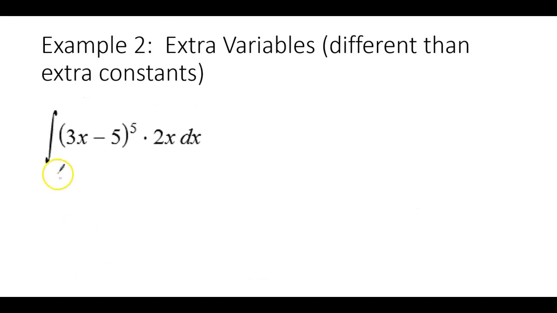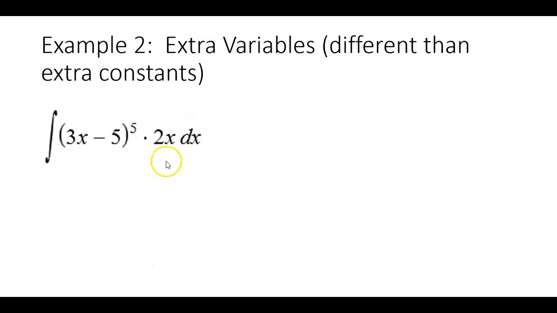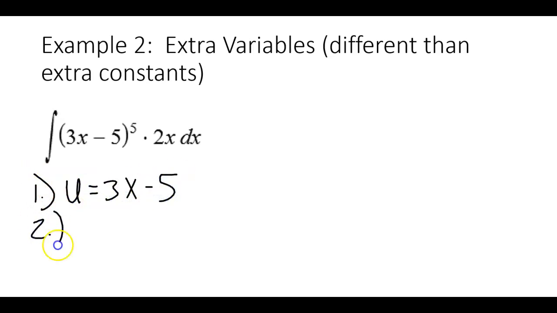So let's go ahead and bring these steps to life a little bit with an example. All right, so let's look back here. Step 1, let u equal the inside function. So here we go. I'm going to let u equal the inside function. Step 2, we want to take the derivative of u with respect to x. And that's just 3.